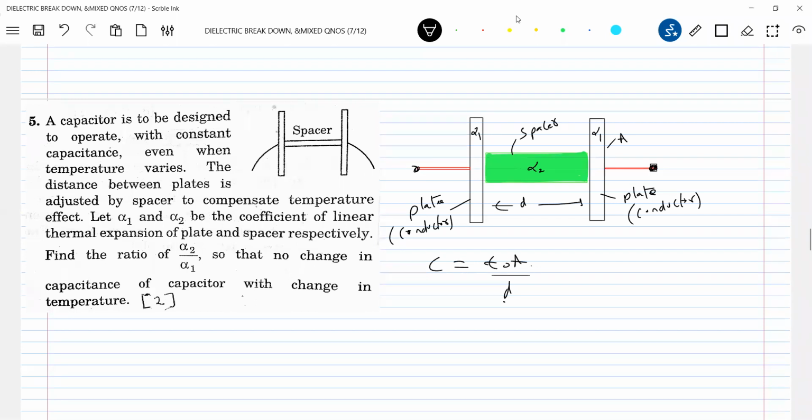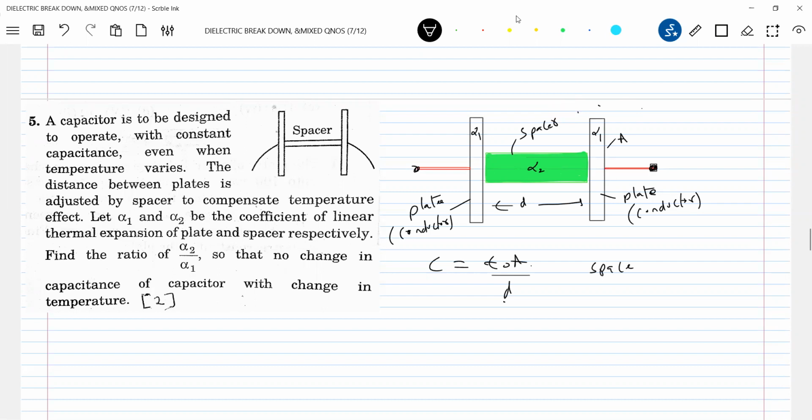And its particular volume should vary with the temperature. So there's a condition for the spacer. It should not be a conductor. It should be an insulator only. It should be an electrical insulator. I'll write it.